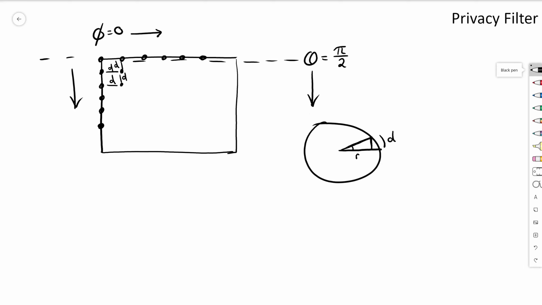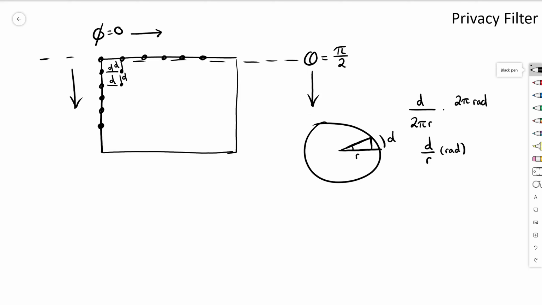So if we calculate the circumference of the Earth as 2 pi r, then d over 2 pi r is the ratio. Then we multiply d over 2 pi r times 2 pi radians, and we end up with d over r radians, which gives us the distance in radians between each individual node. This is useful because it allows us to figure out theta and phi for each point.